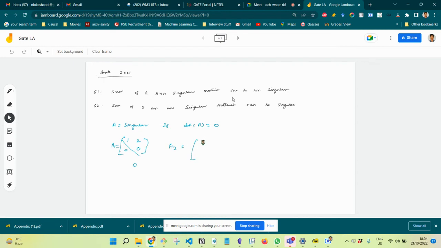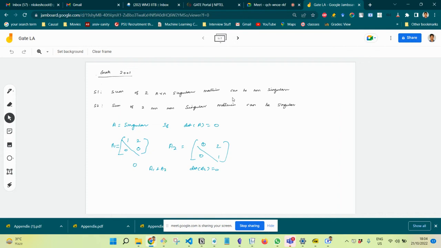Similarly, let me take one more matrix A2 equals 0, 2, 0, 1. This is also an upper triangular matrix, and it also has determinant equal to 0, because if I multiply 0 and 1, I get determinant as 0. Now, one thing you should notice is that when you sum A1 and A2, the leading diagonal entries become all non-zero.